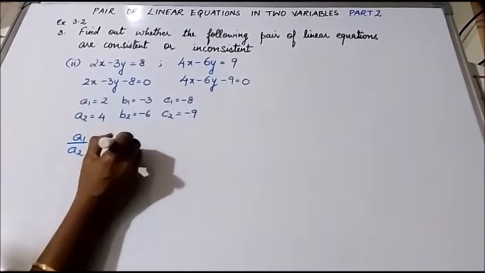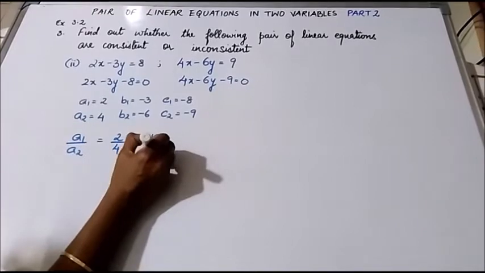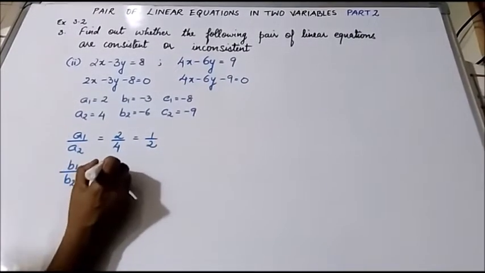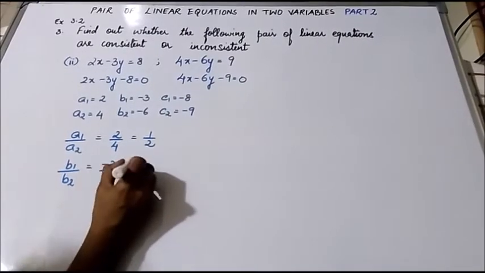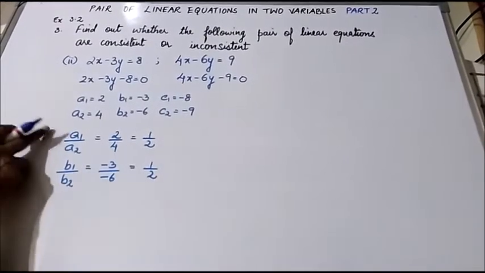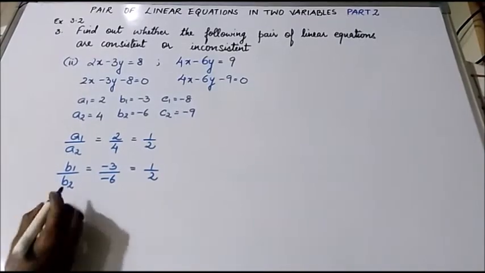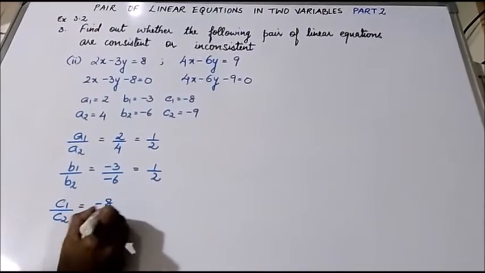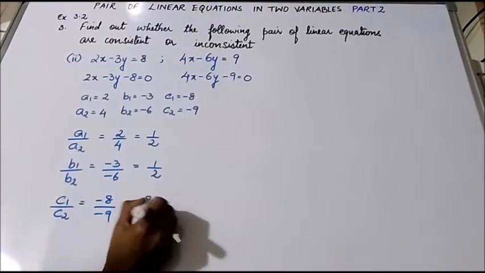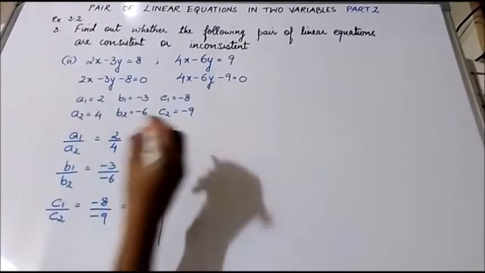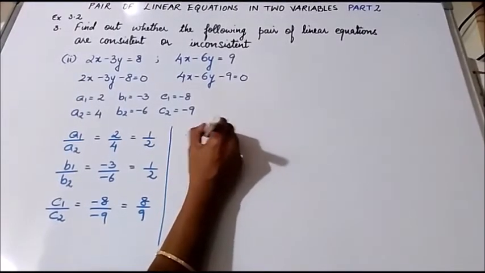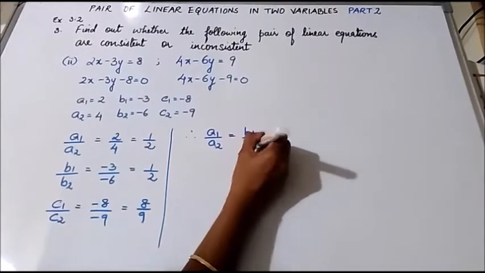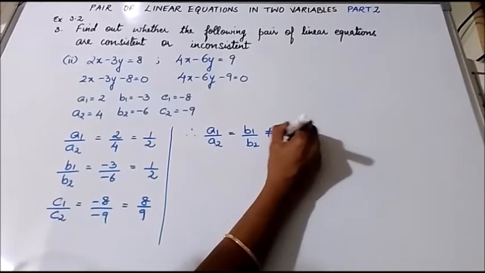Let's check what is a1 by a2. We get here 2 by 4, that is equal to 1 by 2. b1 by b2 is equal to minus 3 by minus 6, that also gives us 1 by 2. Since a1 by a2 is equal to b1 by b2, we will check even c1 by c2. That is minus 8 by minus 9, that will give us 8 by 9. Therefore, a1 by a2 is equal to b1 by b2, not equal to c1 by c2.